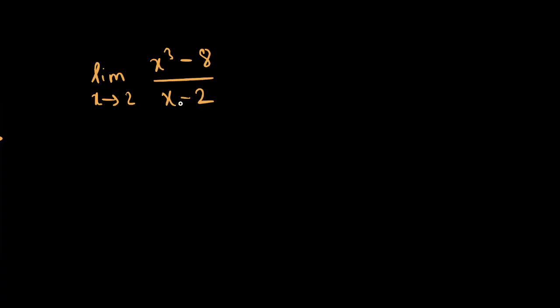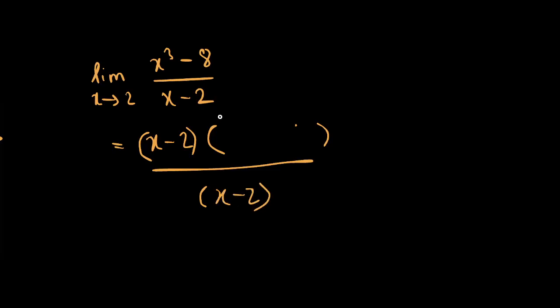If you see something like this where you see x minus 2 and you suspect that you're trying to factor and cancel, more likely than not the x minus 2 is part of the numerator if you factor it. So what I mean by that is we can just say x minus 2 times some other expression, and our denominator is x minus 2. It's likely that they just want you to cancel this x minus 2 term from the denominator.